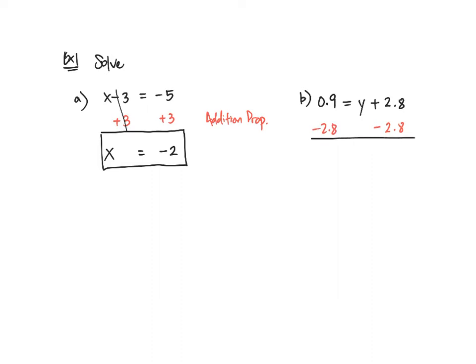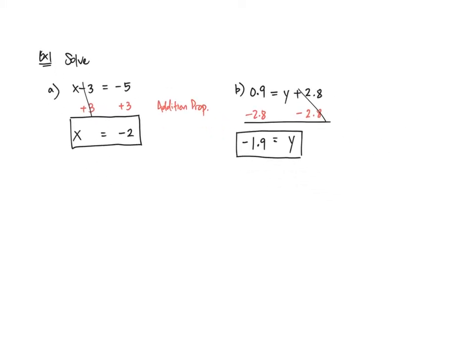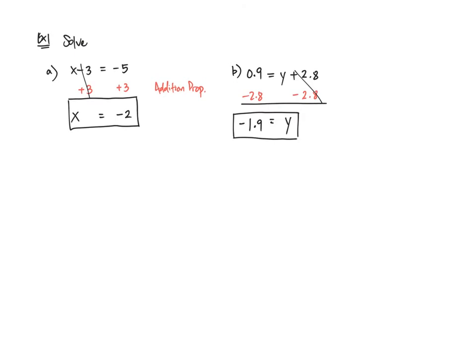So by doing that, the positive 2.8 and the negative 2.8 become 0, and now we have y by itself. So 0.9 positive combined with negative 2.8 is going to give us negative 1.9. And now this time, since we subtracted on both sides, this would be called the subtraction property of equality.